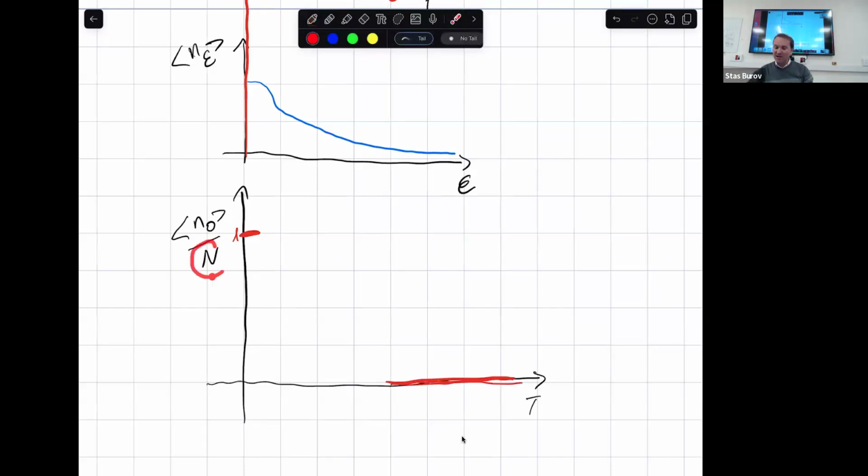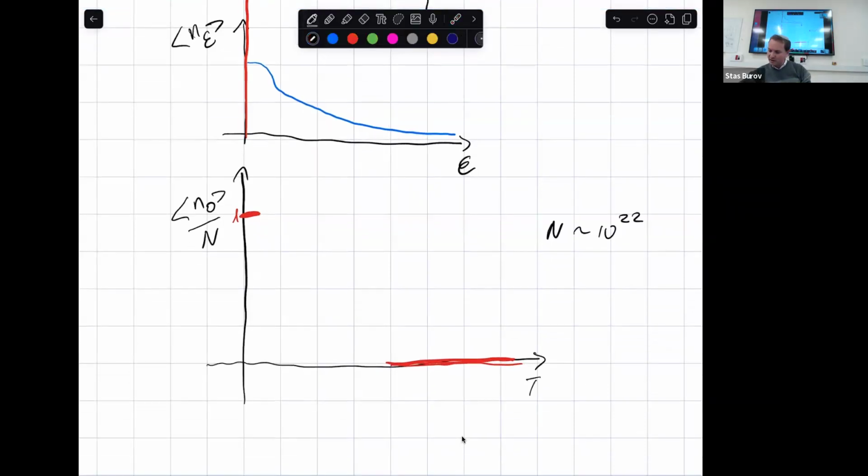Why? Because n here is on the order of the Avogadro number, 10 to the power 22. So we have a huge number of particles, and a continuous spectrum. Now, what kind of transition would take me from here to here? That's the question.